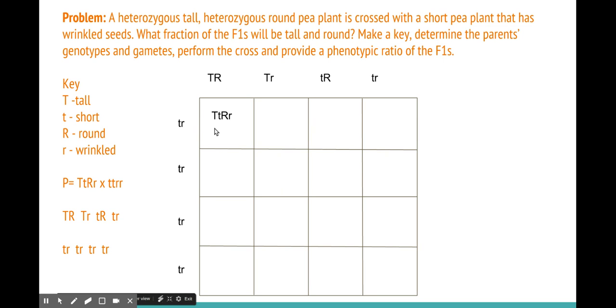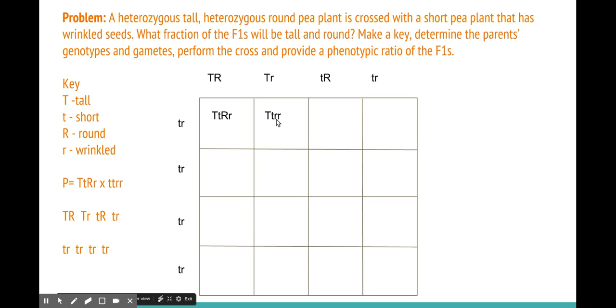And we see it there in that first box of the Punnett square. Here's our big T, little t, our big R, little r. If by chance fertilization were to happen between the second gamete that the first parent produced and the first gamete that the second parent produced, we'd end up with a genotype for that offspring of big T, little t, little r, and that's what's listed here.